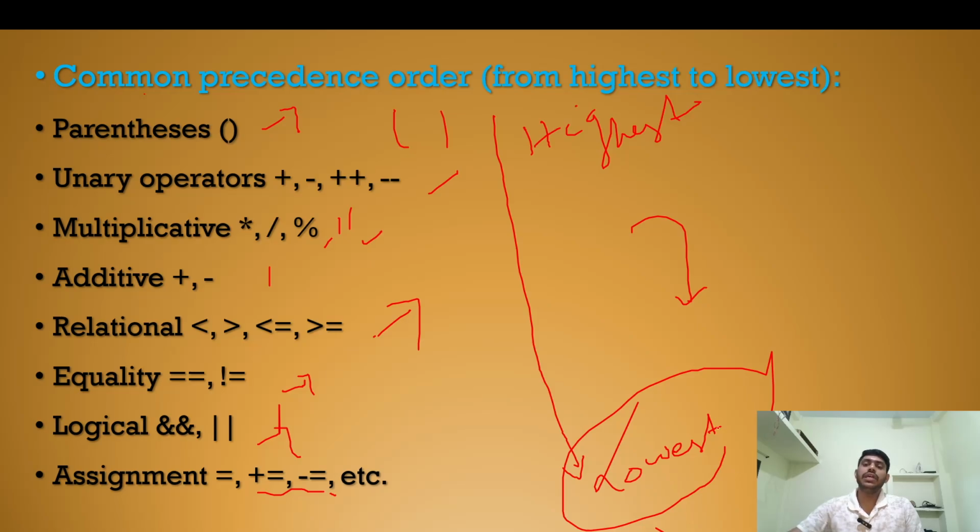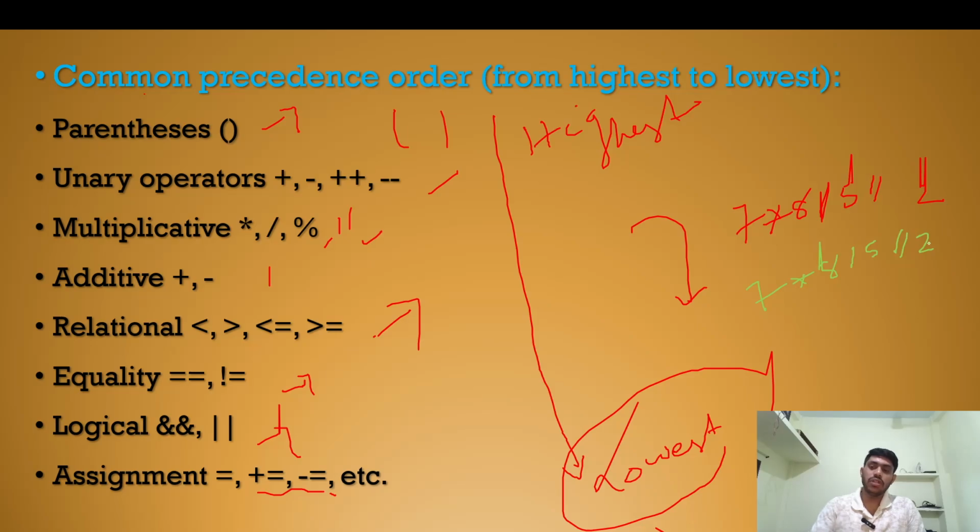Suppose I take one example. Here I am going to solve 7 into 8 by 5 floor division 2.